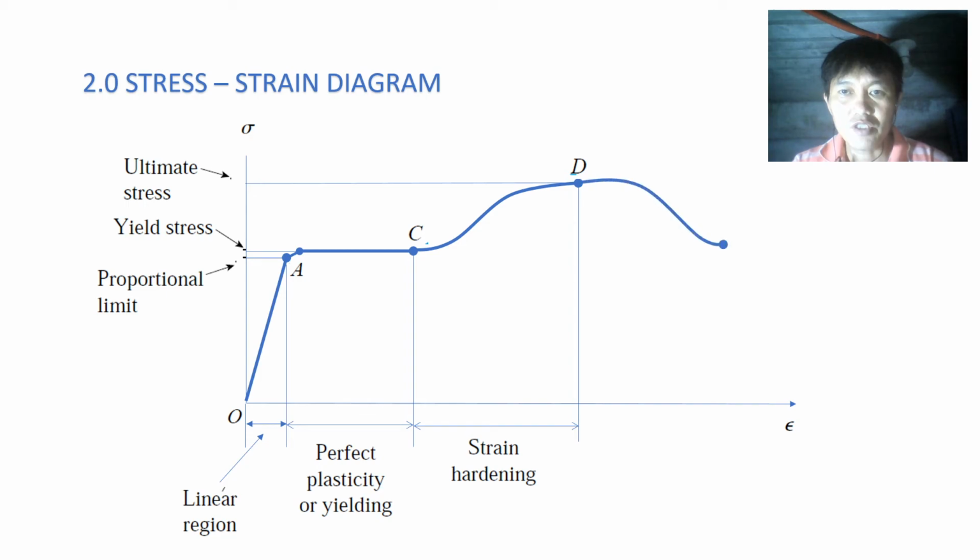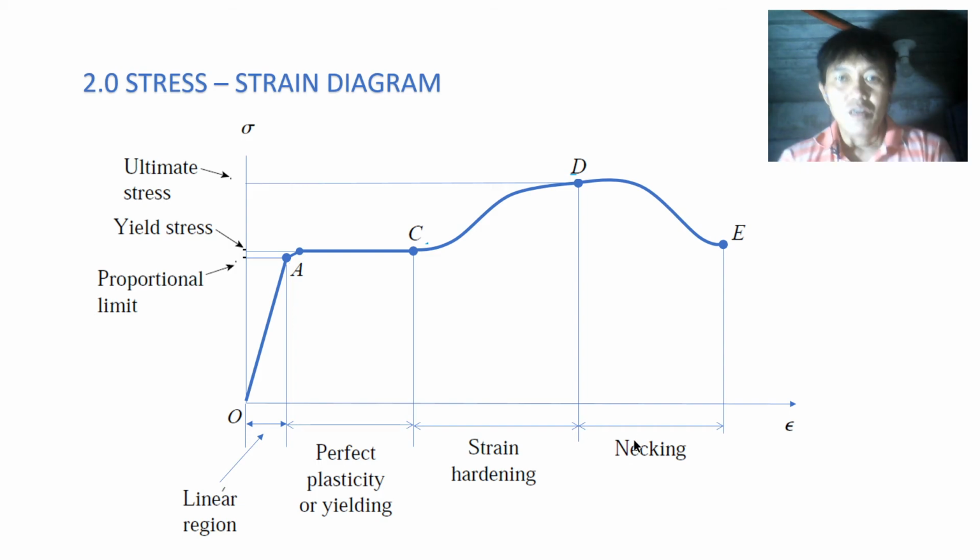If we go further, it will now introduce necking. In the vicinity of the ultimate stress, the reduction in area of the bar becomes clearly visible and pronounced necking of the bar occurs.